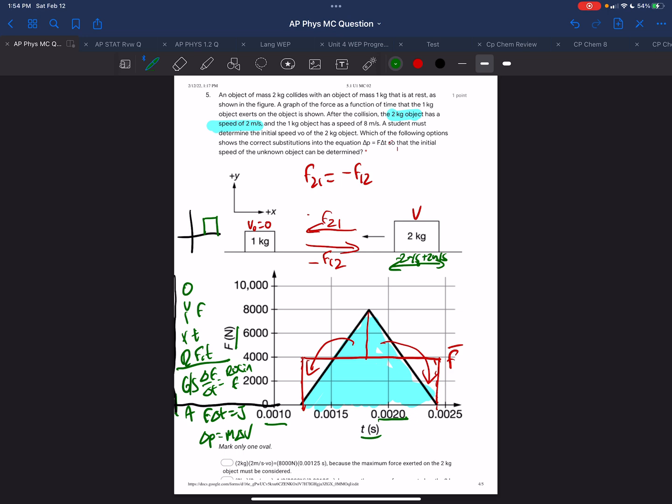And the 1 kilogram object has a speed of 8 meters per second. Now, the speed could be positive 8 meters per second or negative 8 meters per second. That's just from the description. The student is asked to determine the initial speed of the 2 kilogram object.